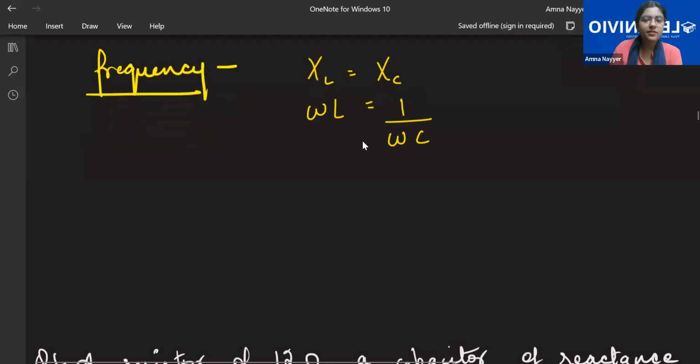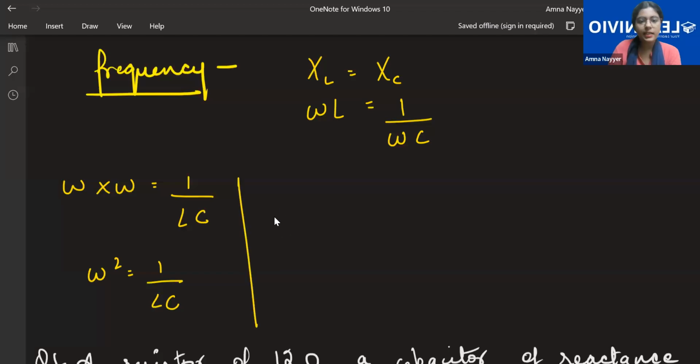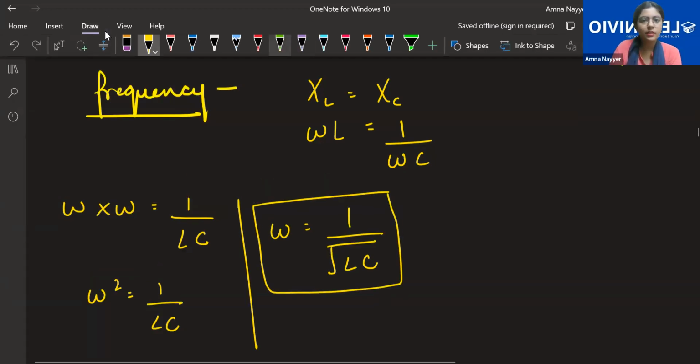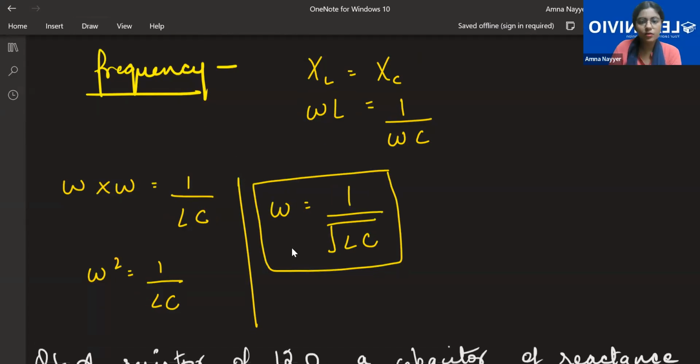Now, if I shift this and bring it here, omega into omega, 1 by LC. So omega square is equal to 1 by LC. So I can say my angular frequency is 1 by under root LC. So omega is the angular frequency.